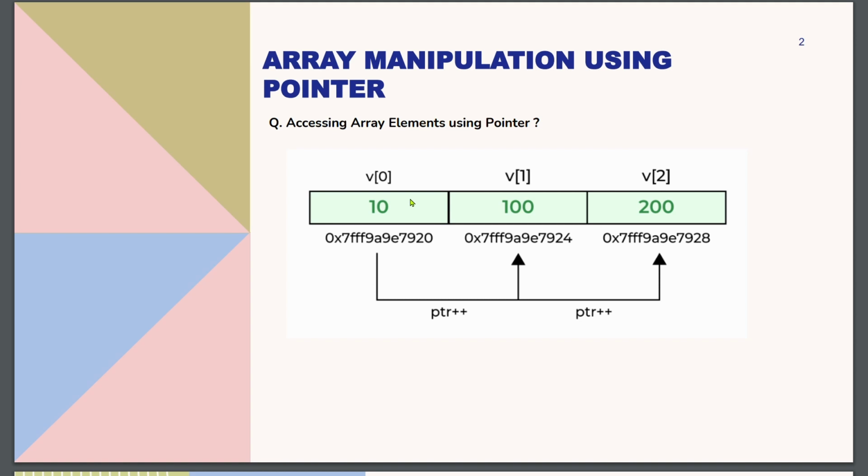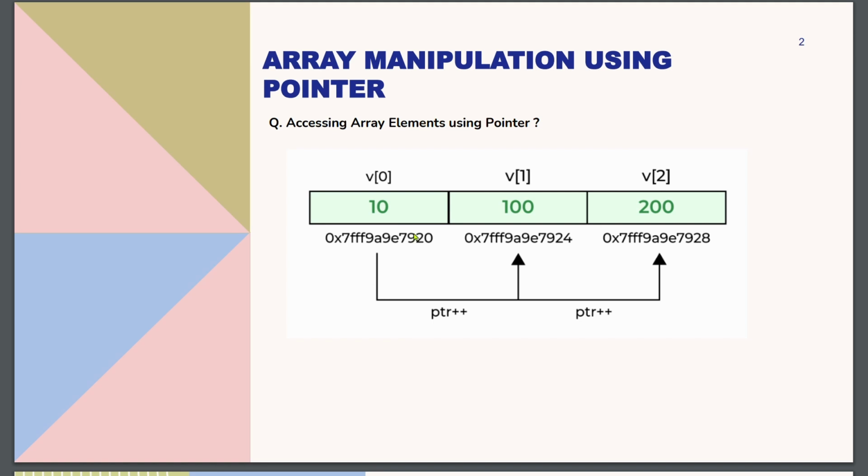But here we will discuss how we can access and print each element by using a pointer. I have already told you in the last video that if we initialize a pointer with the array name or the 0th index of the array, it holds the same value, that is the address of the first element.